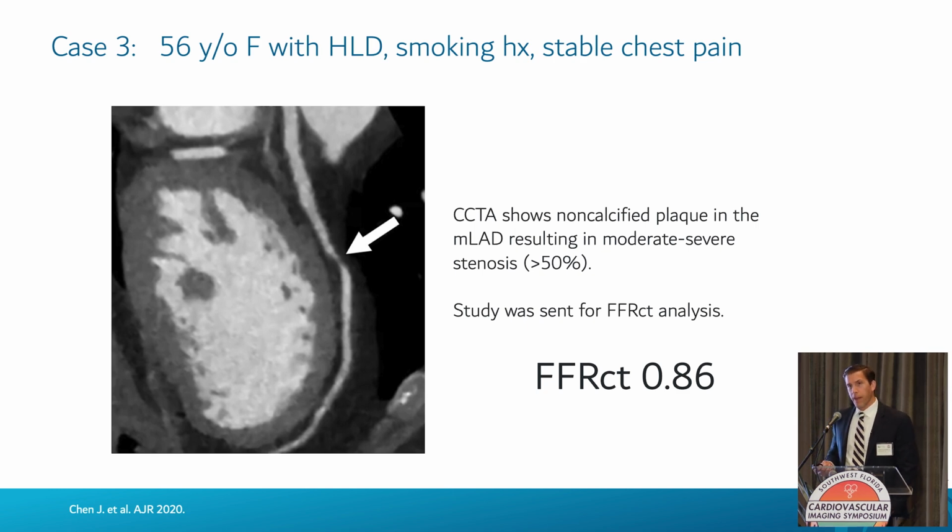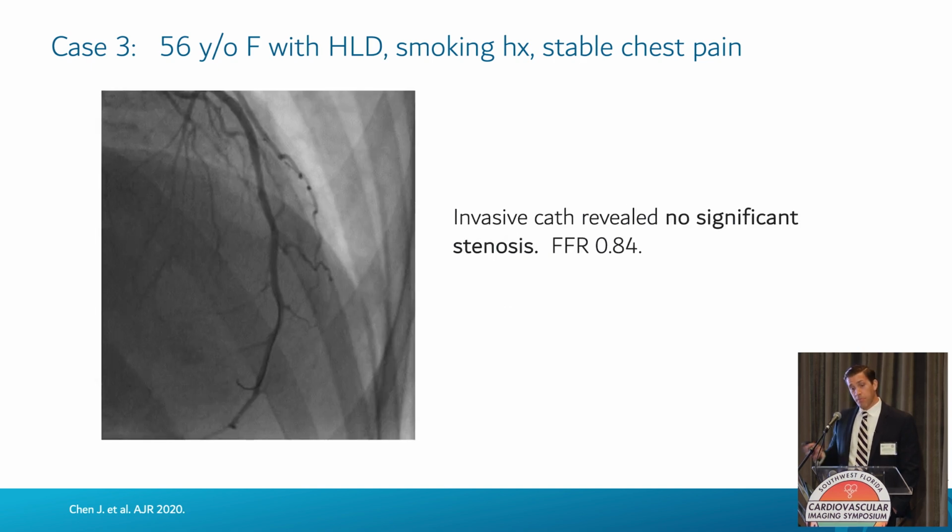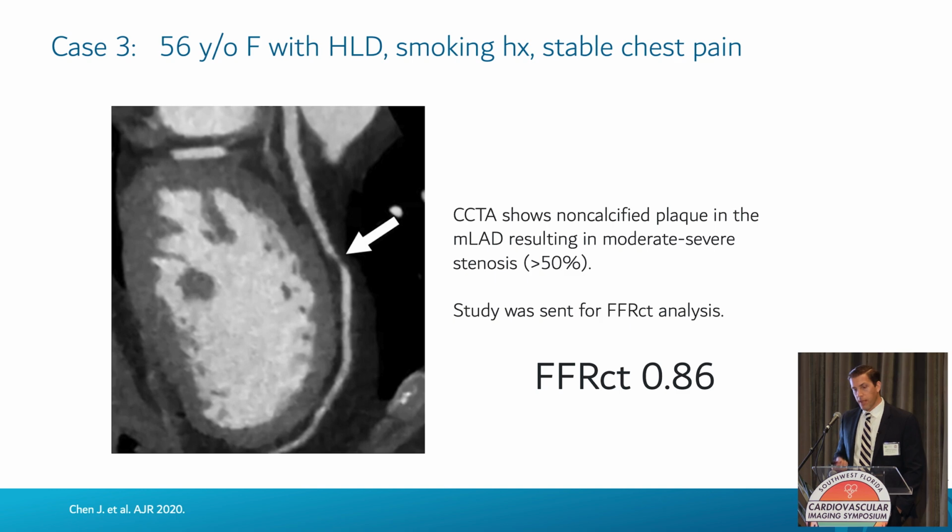I don't think the providers were convinced that that was accurate, so they decided to still take that patient to the cath lab. But the cath lab also confirmed that there was no significant stenosis, with an FFR of 0.84. So again, sometimes, in the setting of mild artifact, FFR can be very helpful in adjudicating whether or not a lesion is hemodynamically significant.